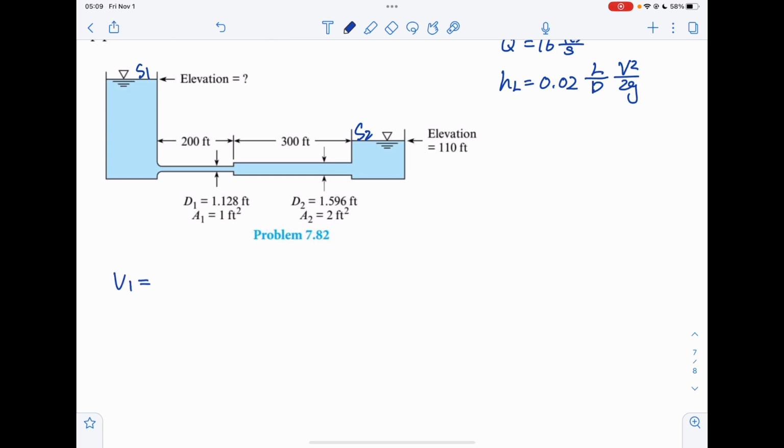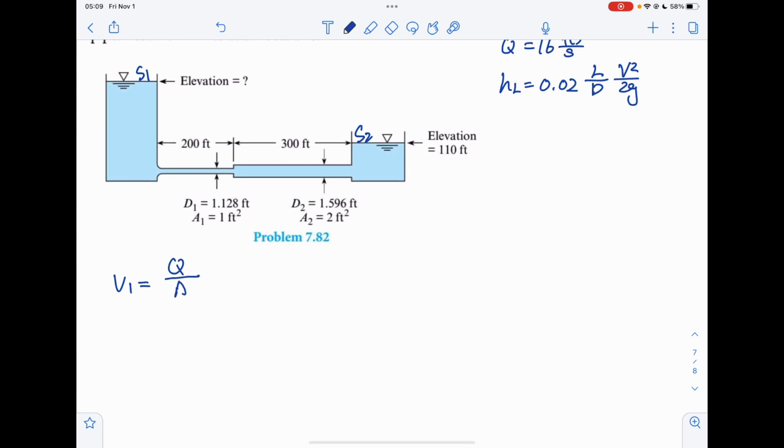V1 equals Q divided by A1, Q is always the same, which is 16 cubic feet per second divided by the area, which is 1 square foot.